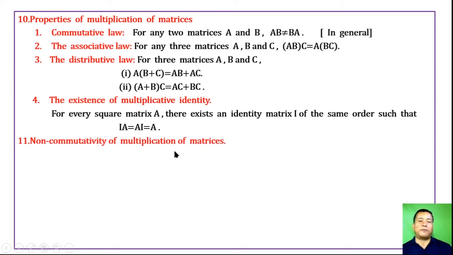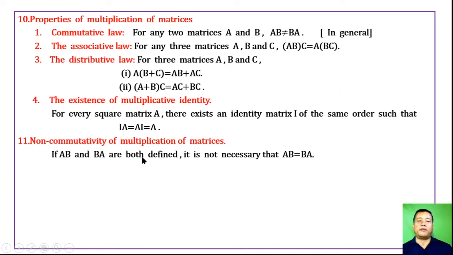Non-commutativity of multiplication of matrices. The commutative law does not hold for matrices. If AB and BA are both defined, it is not necessary that AB equal to BA.